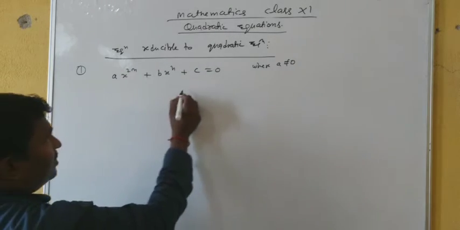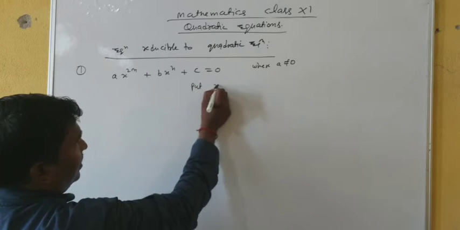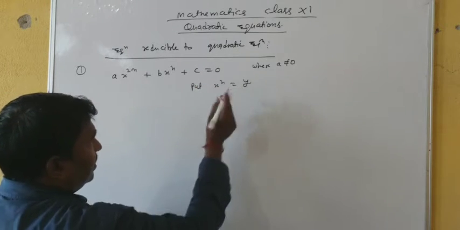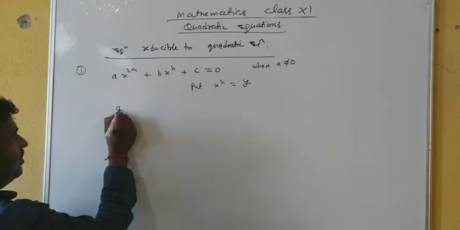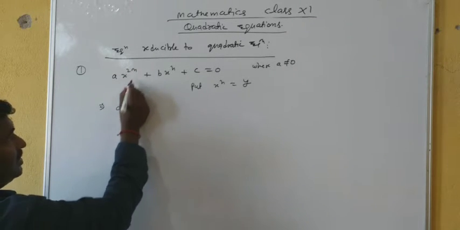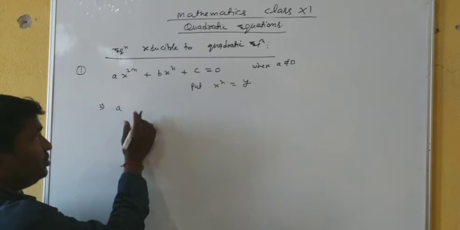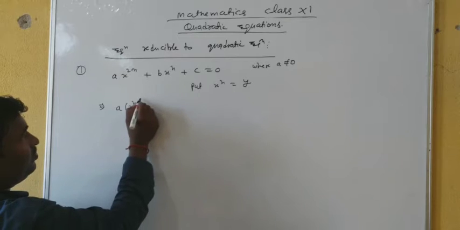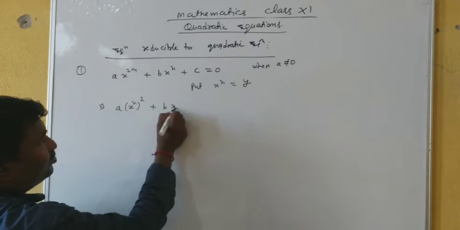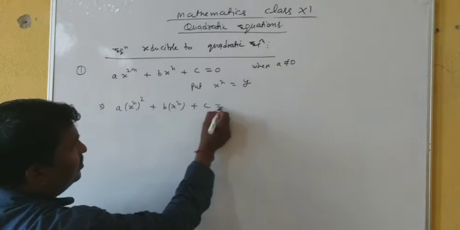You can put x power n is equal to y, or any other function. So now see what the type of this equation will be. The above equation will reduce to, if x power n, you can write it as (x power n) whole square plus b x power n plus c is equal to 0.